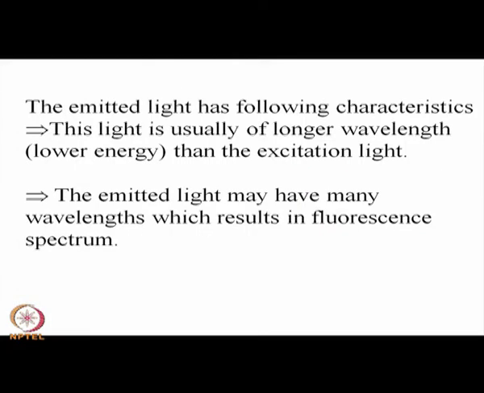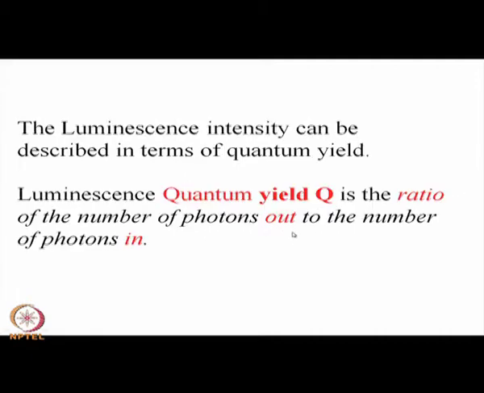So, emitted light may have many wavelengths which results in a fluorescence spectrum. Now, like this OD business, log I0 by I, Beer's law, luminescence intensity can also be described or quantified in terms of a quantity called quantum yield. Now, what is quantum yield?